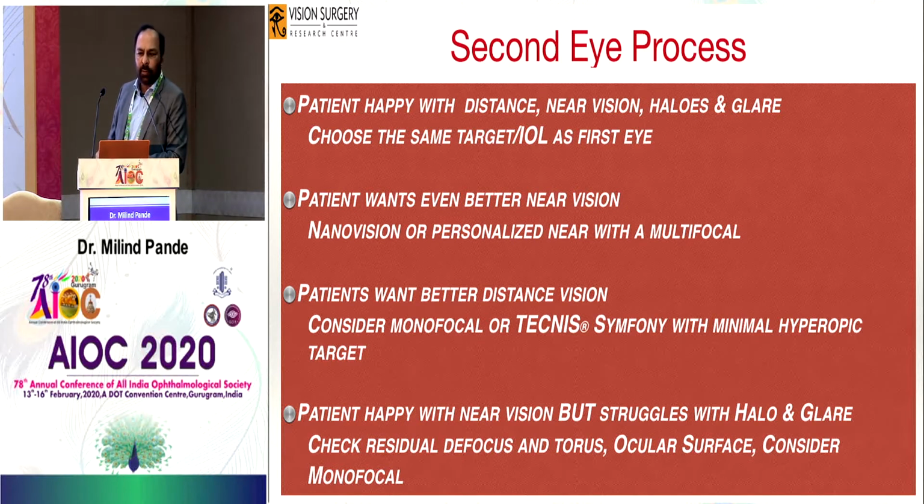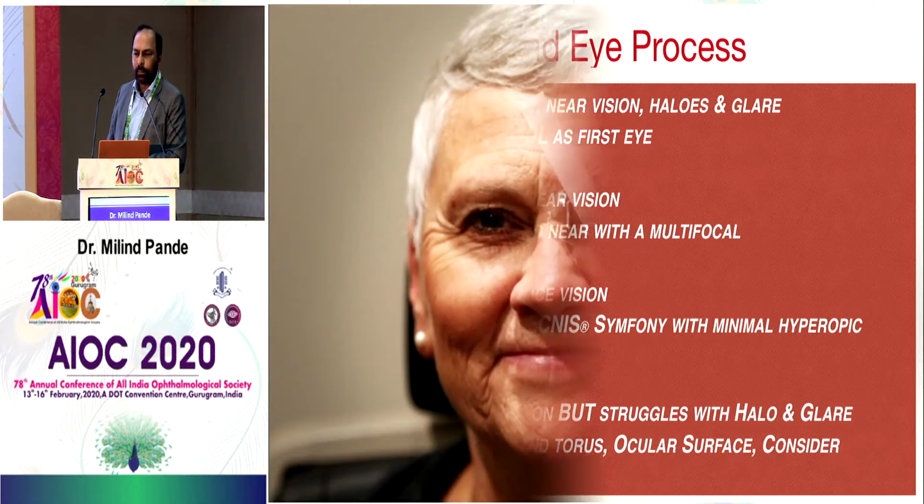If the patient is happy with the near vision but struggles with halos and glare, and they're really concerned about the night driving, then after checking that they don't have any significant defocus or torus, we tend to use a monofocal for the second eye. So really, by using these strategies, we can prevent our patients from getting unhappy, and if they do get unhappy and we get poor outcomes, we can get them to good results almost all the time.